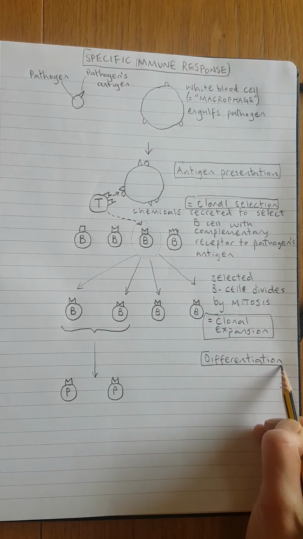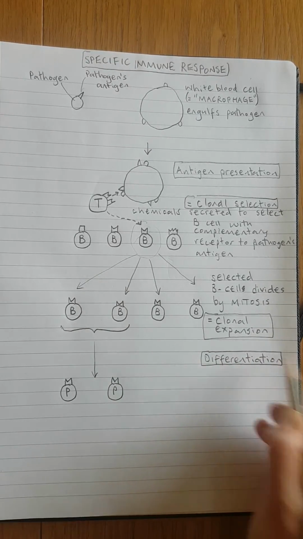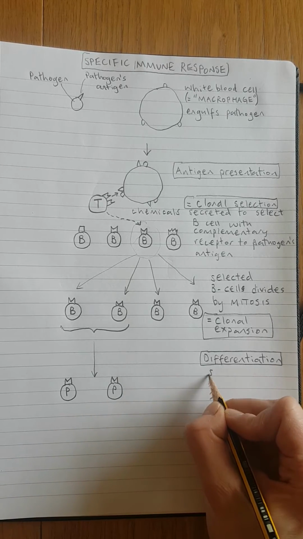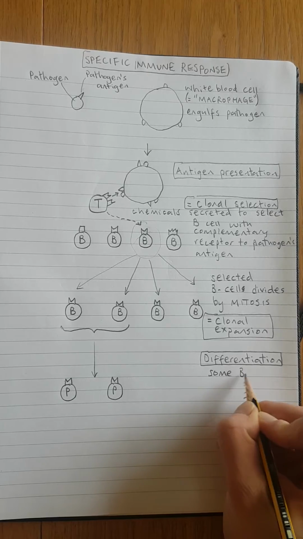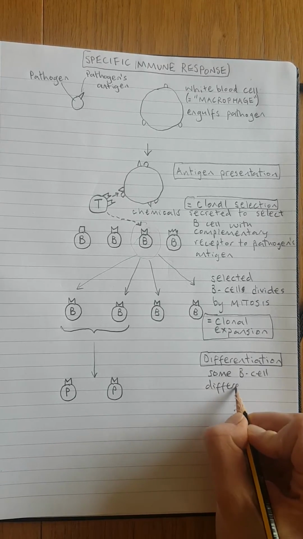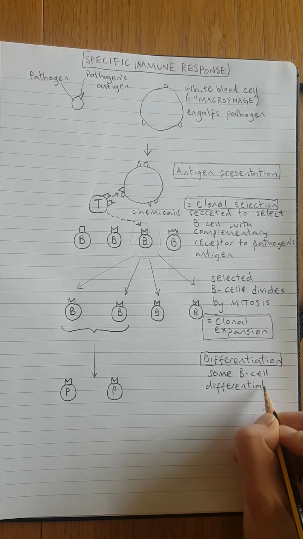They're specializing to allow them to be able to carry out a particular job. So some of the B cells differentiate into plasma cells, and it's the plasma cells that make the antibodies.